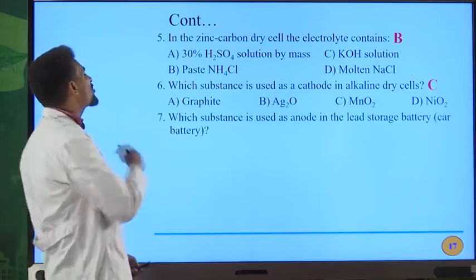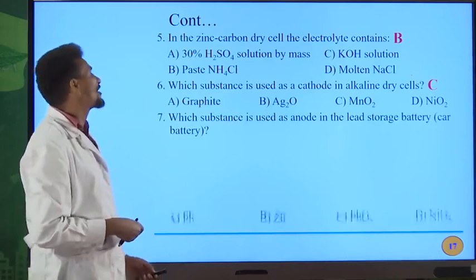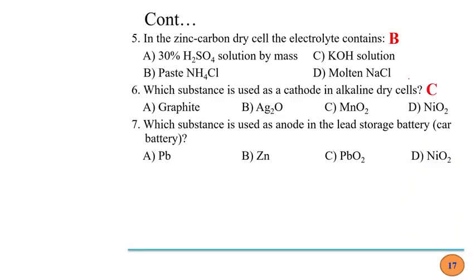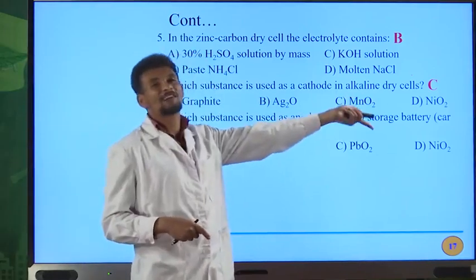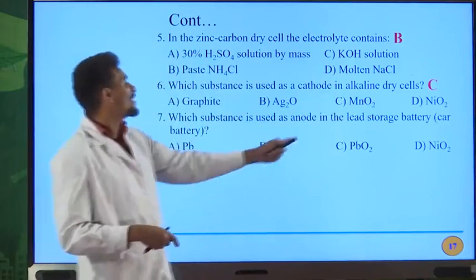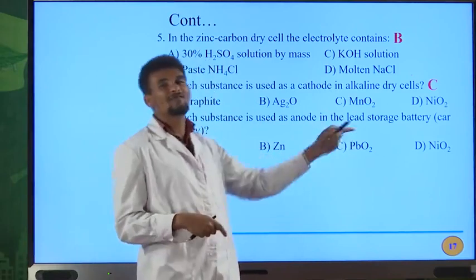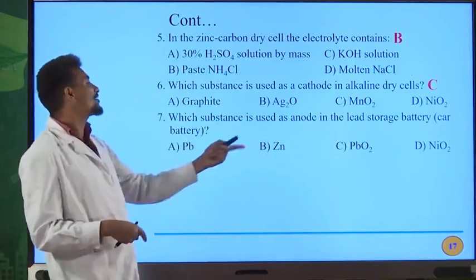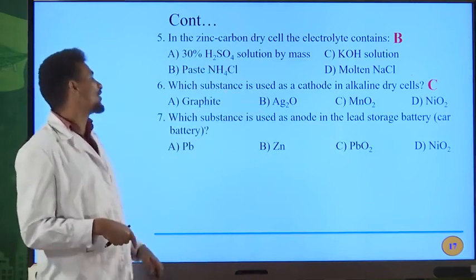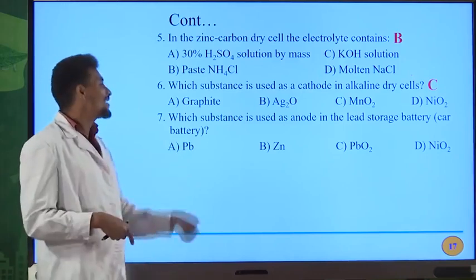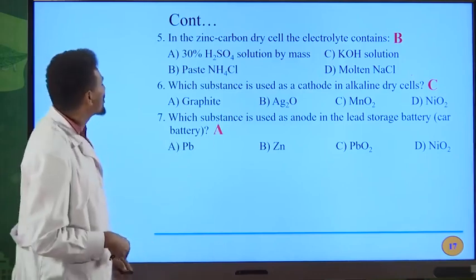Which substance is used as anode in the lead storage battery or car battery? Lead serves as anode in the lead storage battery or car battery, but lead oxide serves as cathode. The question says which is used as anode in the lead storage battery or car battery. So A is the correct answer for question number 7.